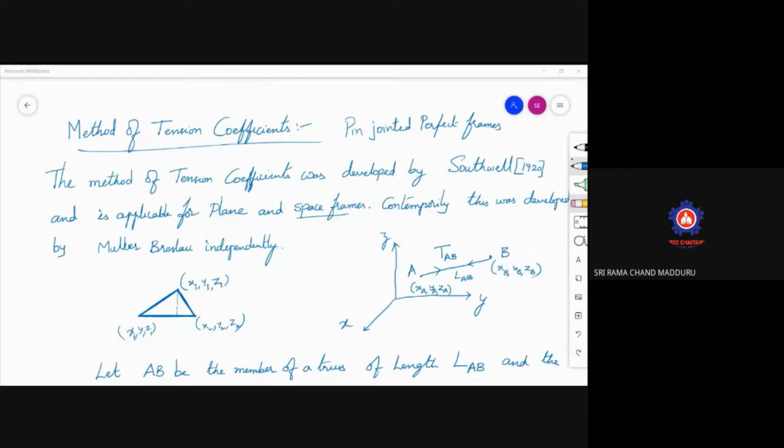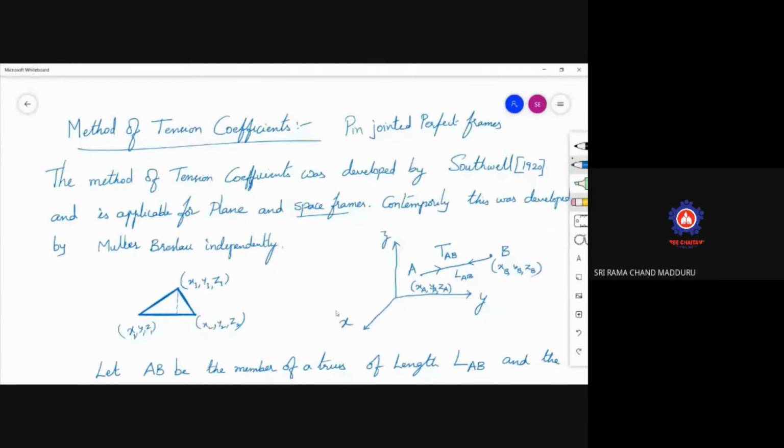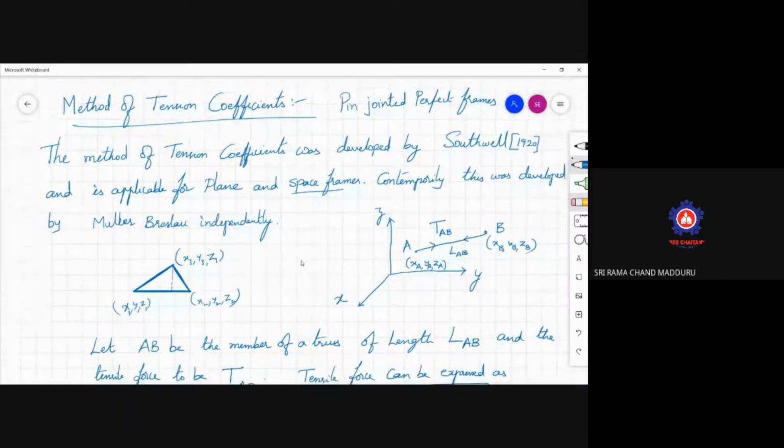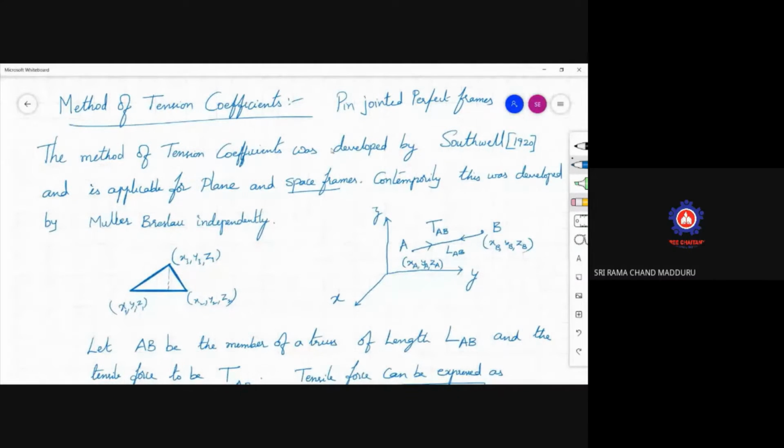Yes, Lavanya. Now, listen. We were discussing the analysis of pin-jointed perfect frames. In the analysis of pin-jointed perfect frames, we studied the method of joints, the method of sections, and another method, which is the method of tension coefficients. In this method, we are going to analyze pin-jointed perfect frames.